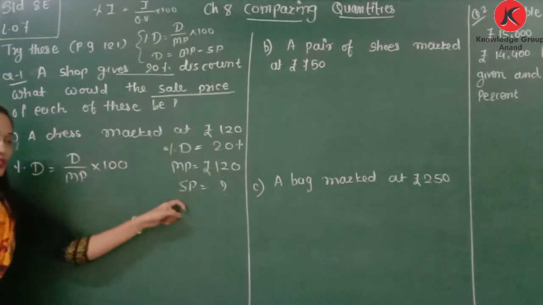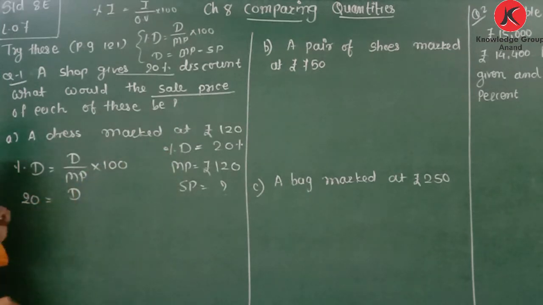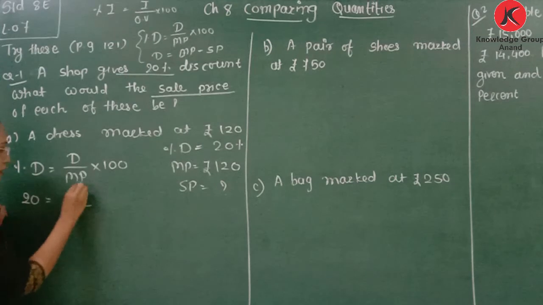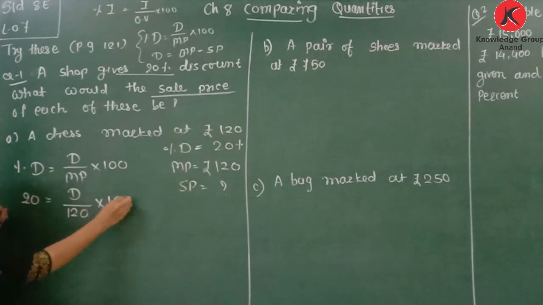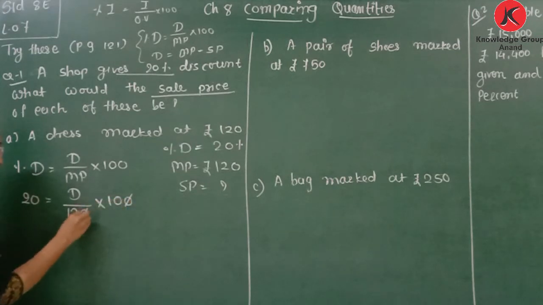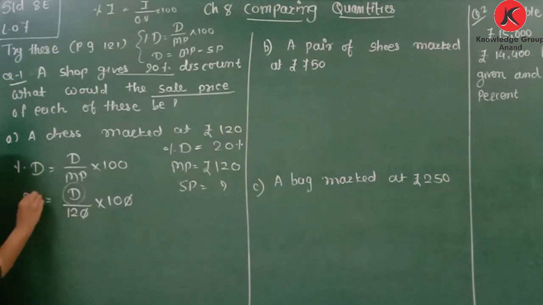Now whatever information is given, write the values in the equation. So percentage discount is given 20. Discount in rupees we don't know, that we need to find. Marked price is given 120 multiplied by 100. Here we can cut the common factor, common 0. Now 12. Here we need to find D. So 12 that is in the denominator becomes multiplication and 10 becomes denominator.